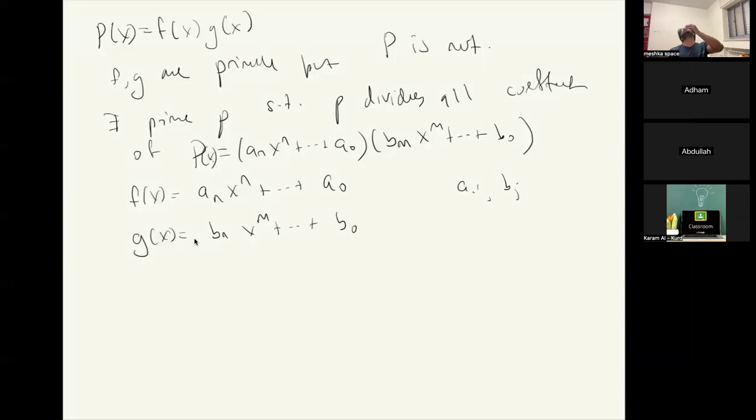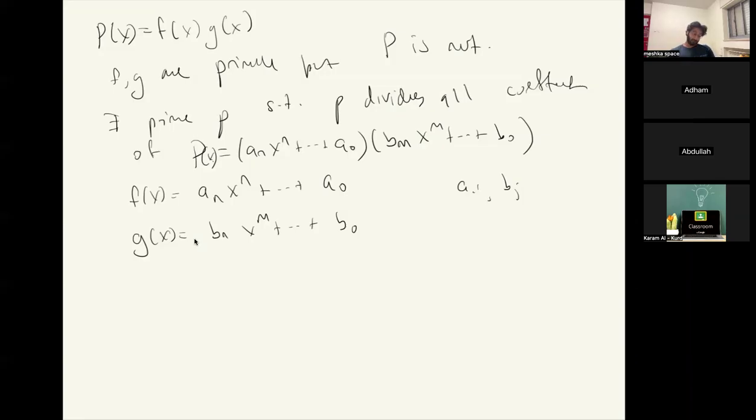You're saying, okay, so you're saying p divides f of, no, we're saying that p of x is not primitive, so p divides p of x. But f of x and g of x are primitive. No, but Kram's comment is this, right?